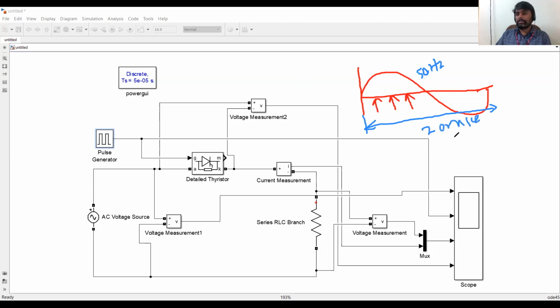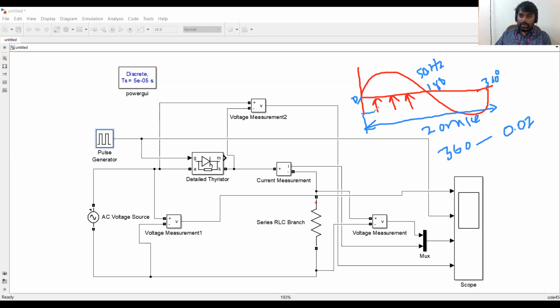So in terms of degrees, because alpha should be measured in degrees, it is 0 degrees, 180 degrees, and this is 360 degrees. So alpha can be from 0 to 180 degrees only, right? That means to complete 360 degrees, it is taking 20 milliseconds. Instead of 20 milliseconds, I can write it as 0.02 second.